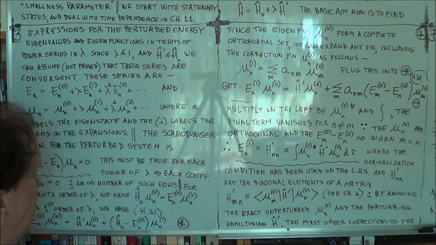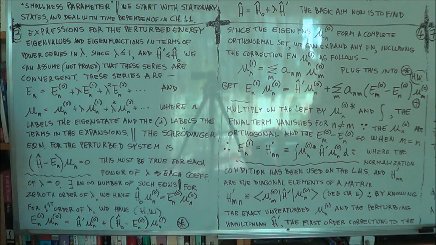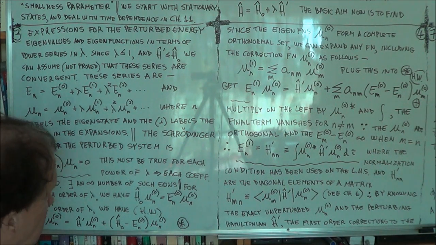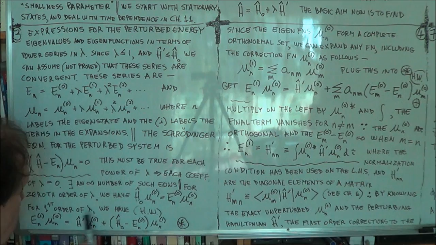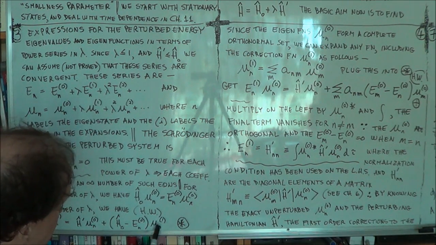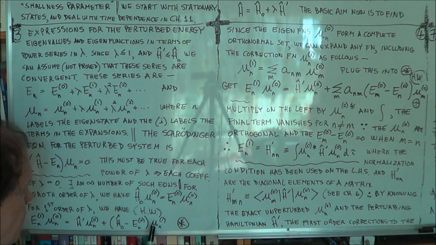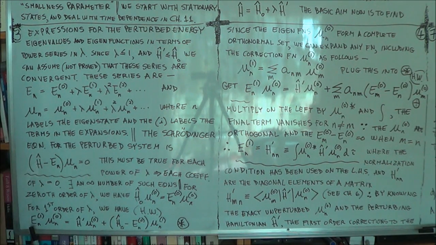So we now use this equation, and we'll start operating on this. Now, what do we know? We don't know that yet. We know these. This we don't know yet. This we know.